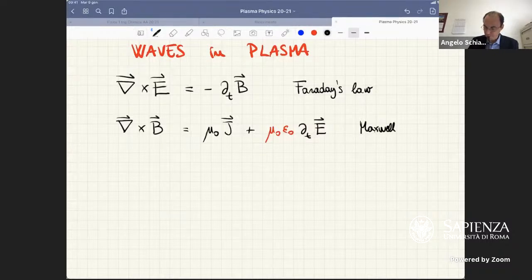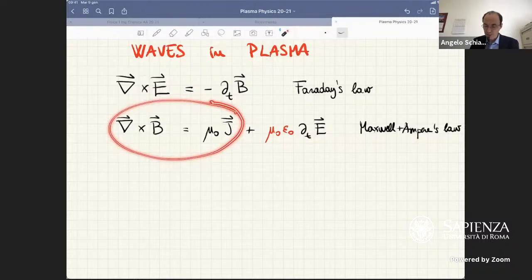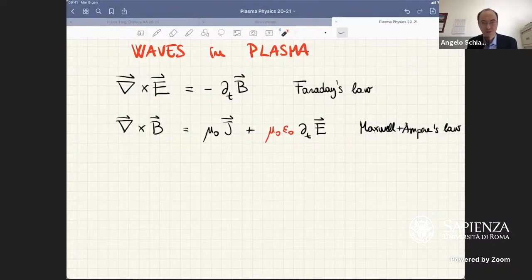So we have Ampere's law, and we add to it the displacement current due to Maxwell, as you might remember. So we are going to allow our equation to describe very high frequency phenomena, which will lead eventually to the onset of electromagnetic waves in the plasma.